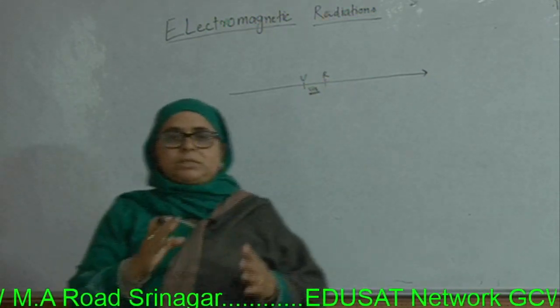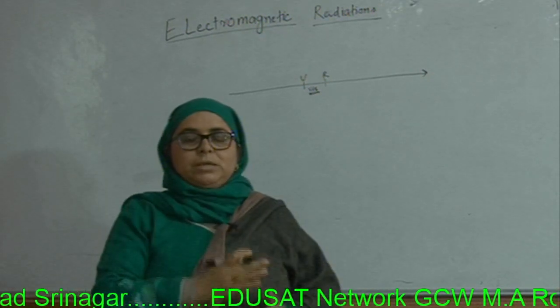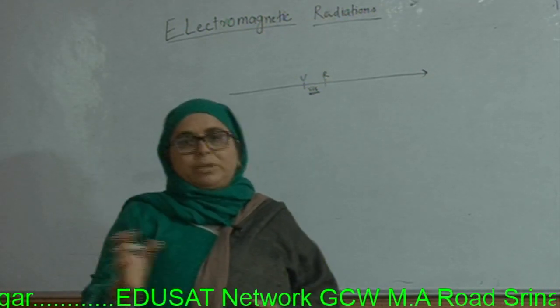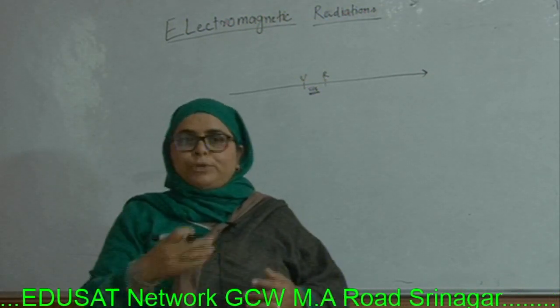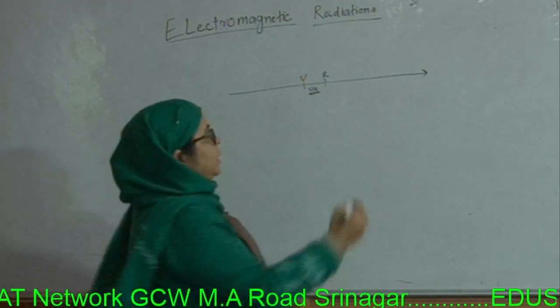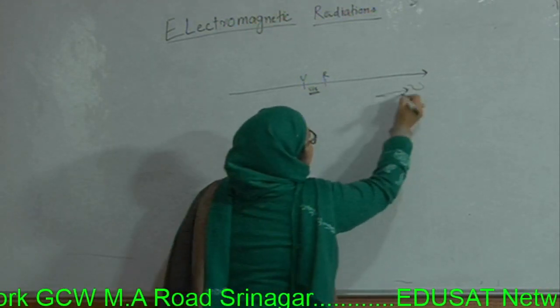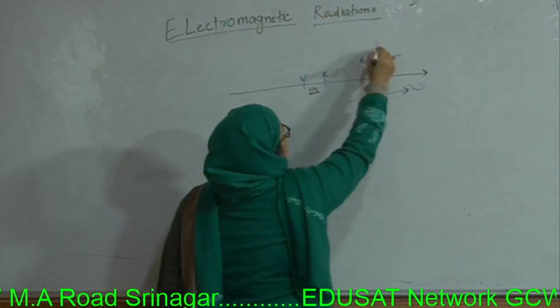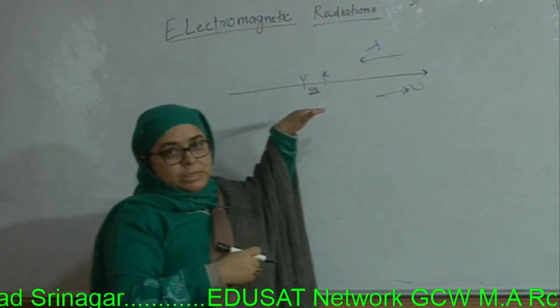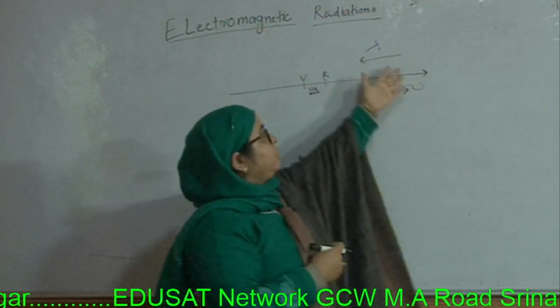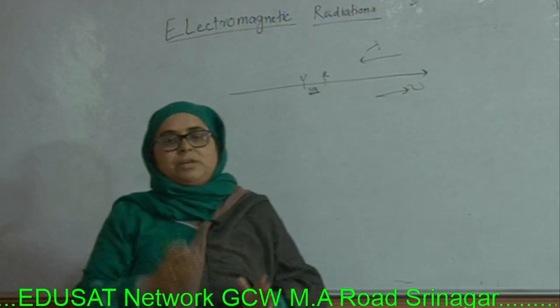Our visible range starts from violet and extends up to red color. And the frequency, it is increasing frequency, so obviously decreasing wavelength. Frequency increases in this direction and the wavelength will increase in the opposite direction.